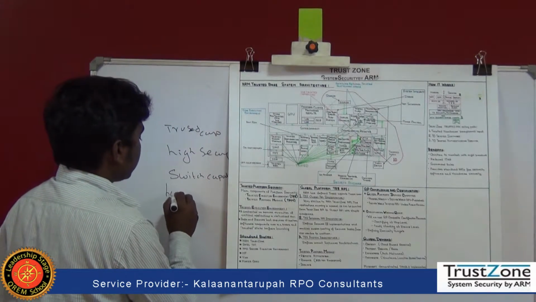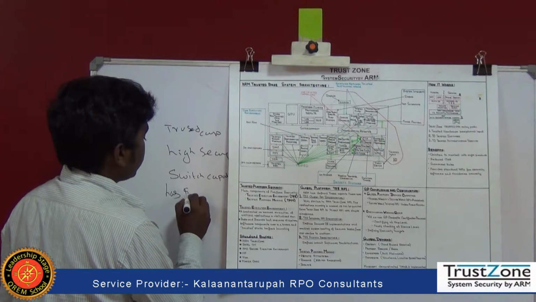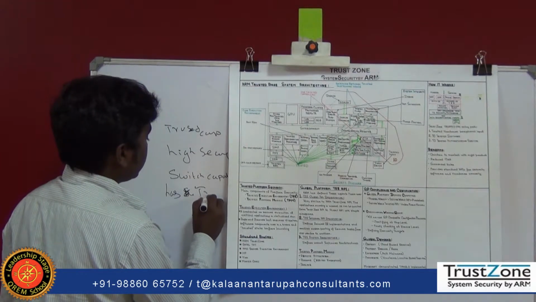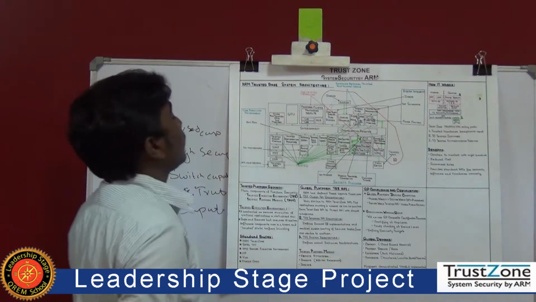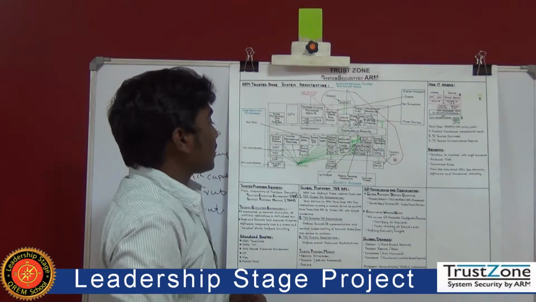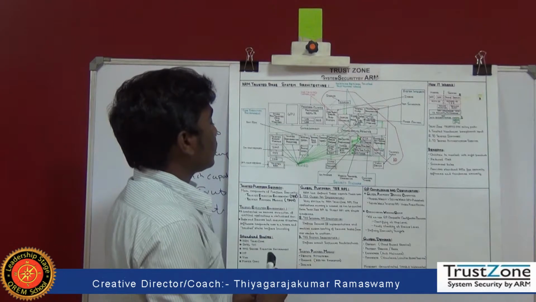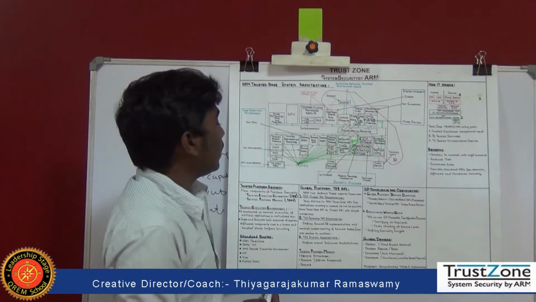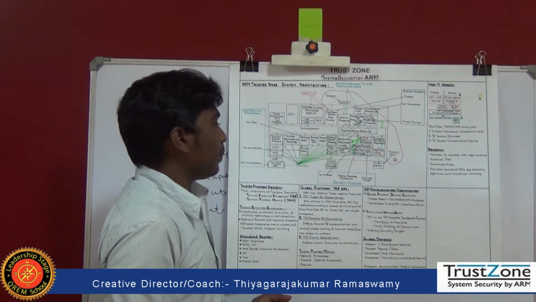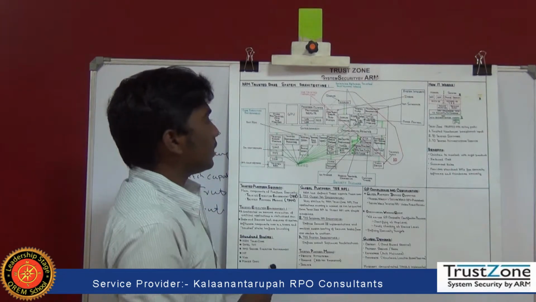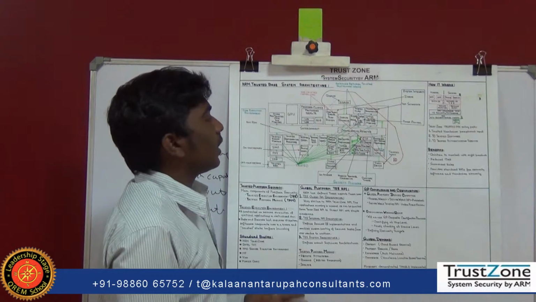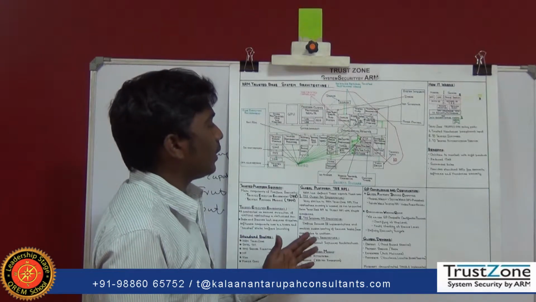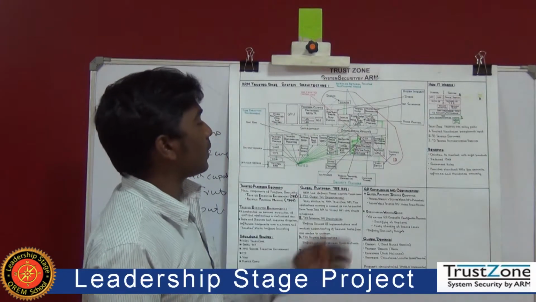Some of the blocks coming under the trusted are physical DMC, region mapping, configuration register, trusted test manufacturer, SCP, and some of the secure peripherals.